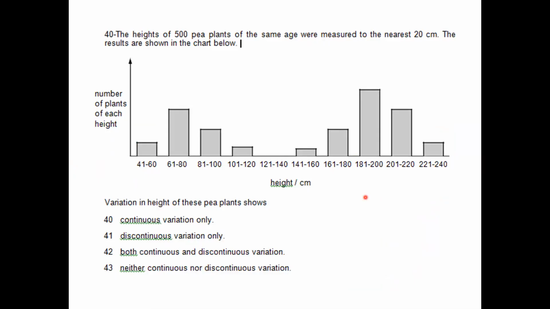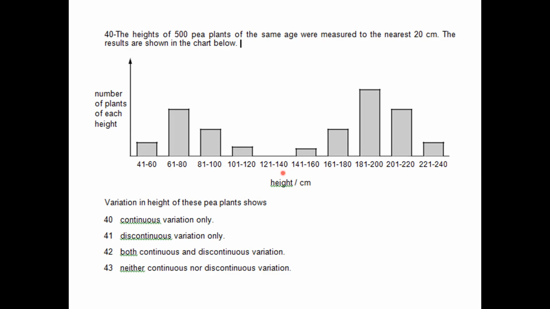Okay, let's do a question. For example, the height of 500 pea plants of the same age were measured to the nearest 20 centimeters. The results are shown. Variation in height of these pea plants shows which kind of variation: continuous, discontinuous, both, or neither? Okay, अब आप देखें, just see, height is an example of continuous variation, which is being discontinued in the range of 121 to 140.